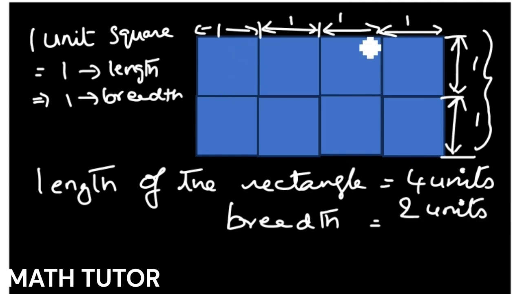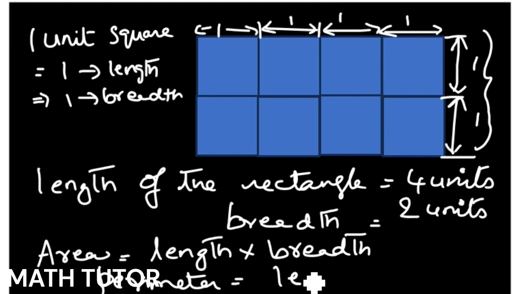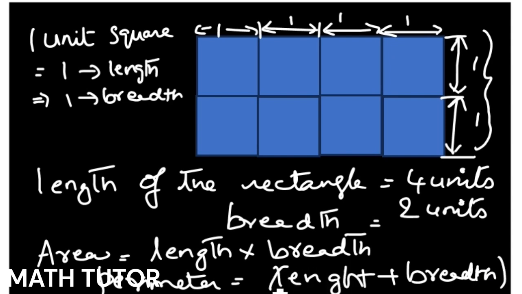Now since we have already found out the length and breadth of the rectangle, we can find the area and perimeter for this rectangle. Area equals length times breadth, and perimeter equals twice length plus breadth.